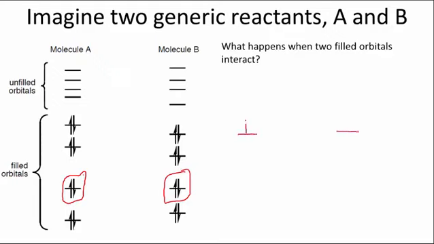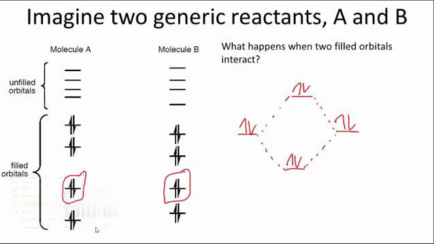And I just draw a quick diagram of what that looks like. Well, when they come together, they're going to make a lower energy orbital and a higher energy orbital. But there's 4 electrons between the two of them. So I fill in the lower energy orbital, I fill in the higher energy orbital.